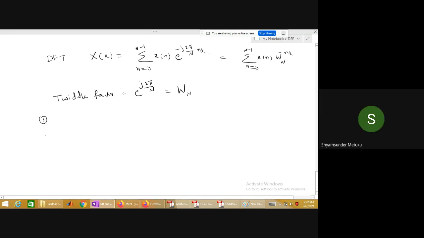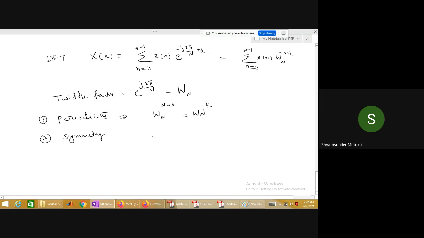Now we have the properties of the twiddle factor. There are two properties. One is called periodicity. Second is called symmetry. These two properties will play a major role in reducing the computational complexity. What exactly does the property say? For a twiddle factor, if you add a constant equal to its period length, it will be equal to the same value.